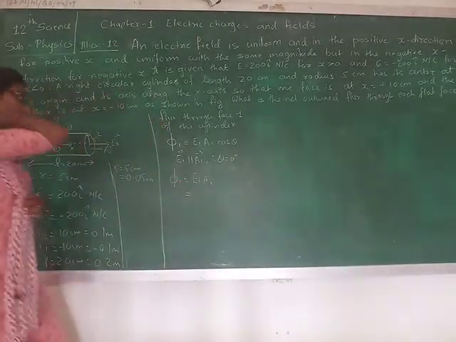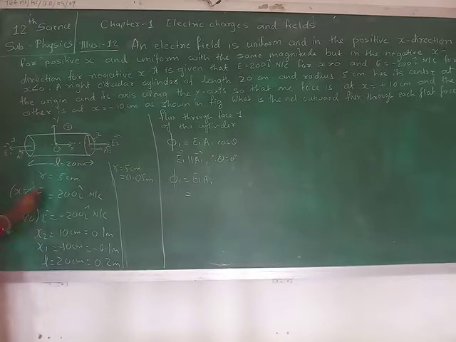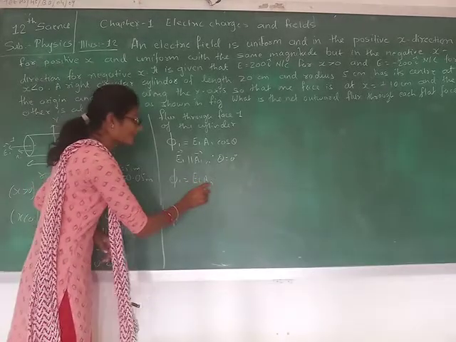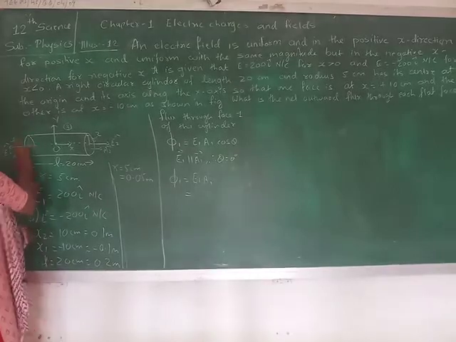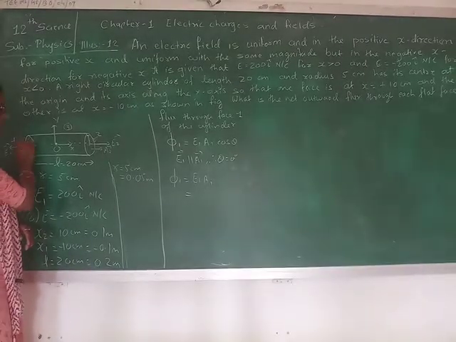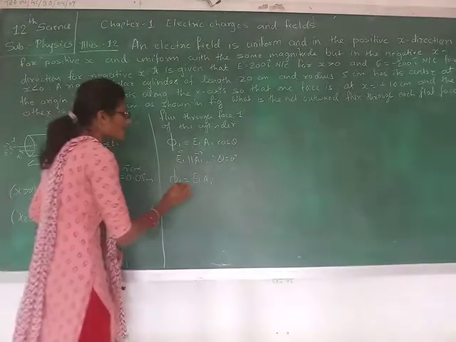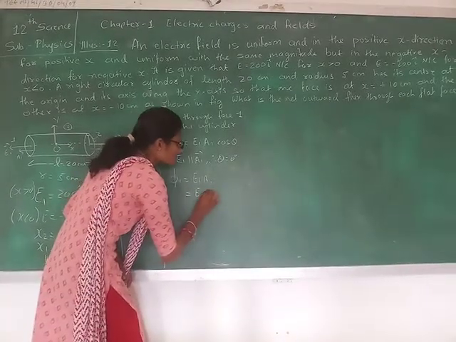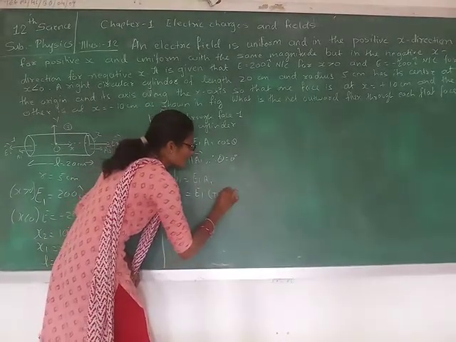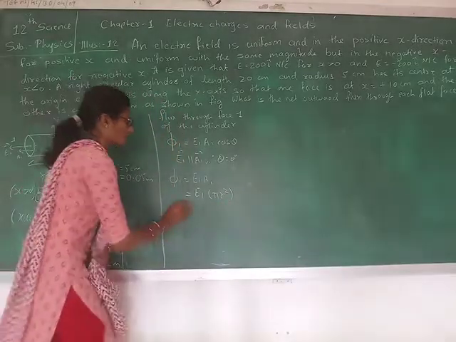Now the electric field given here for x greater than 0, let us denote it by E1, that is 200 i. For the area vector, we are given just a radius, and for this circular phase the area will be pi r square. So here it is E1, and the area is pi r square.